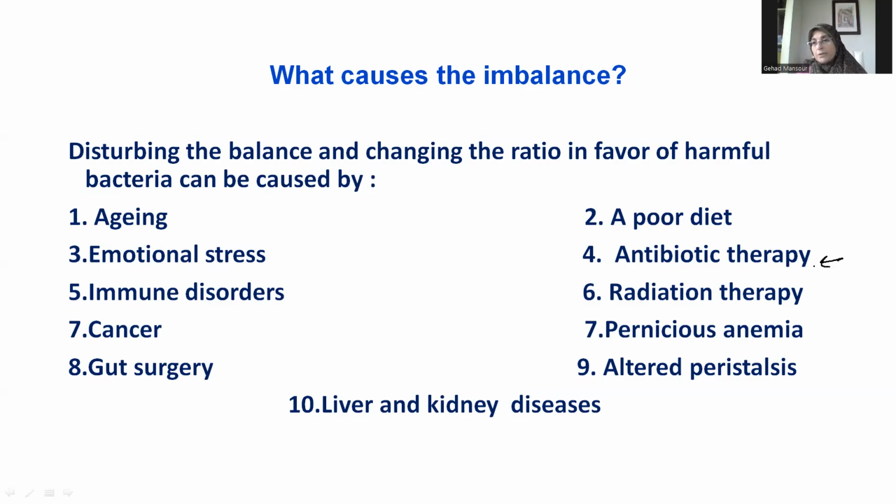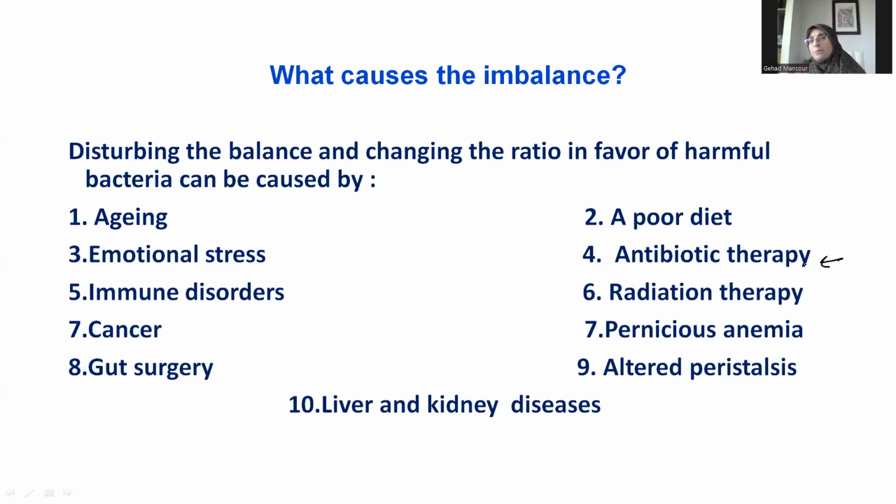Furthermore, antibiotic therapy. When you take antibiotics, for example, to treat a sore throat, these antibiotics might kill a good deal of useful friendly bacteria that are present in your gut. Number five, immune disorders. Just like aging, which was a cause and a result, immune disorders are a cause and a result.